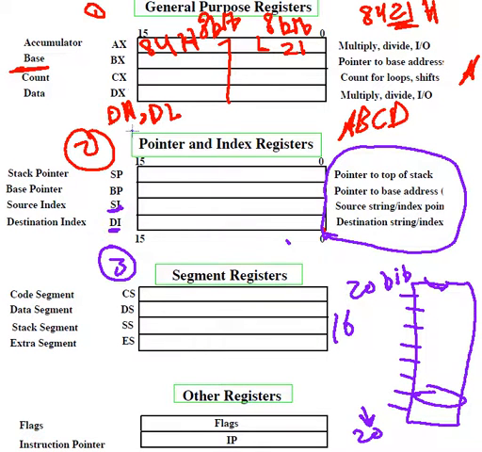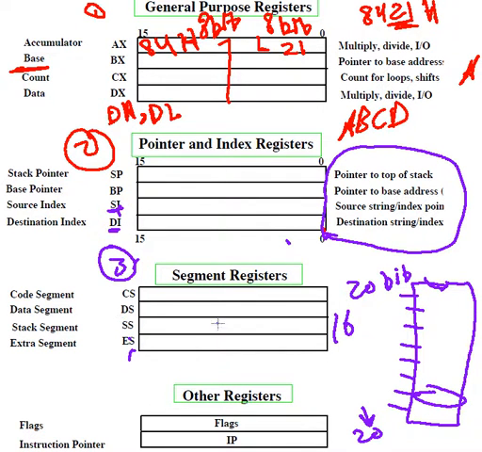Or maybe you can add the stack pointer, or the source index, SI, which sometimes takes ES. CS goes with IP, DS, which is the data segment, goes with BX, SS goes with BP and SP, and ES goes with DI.